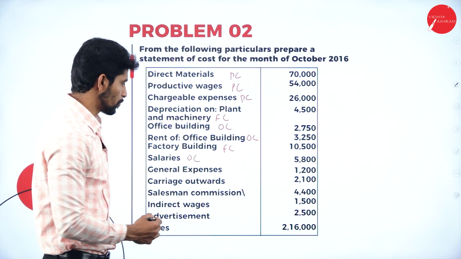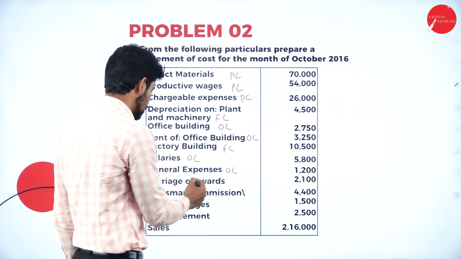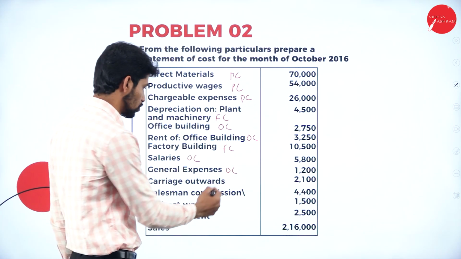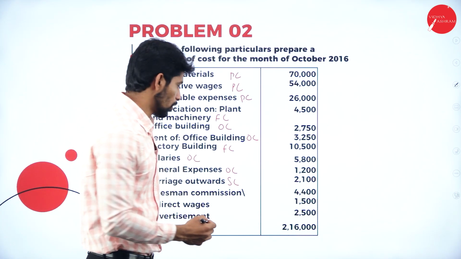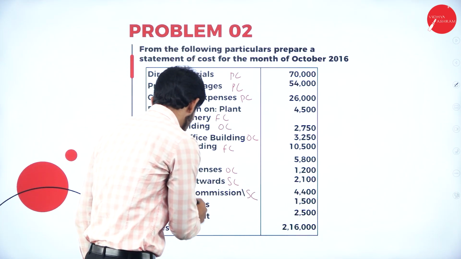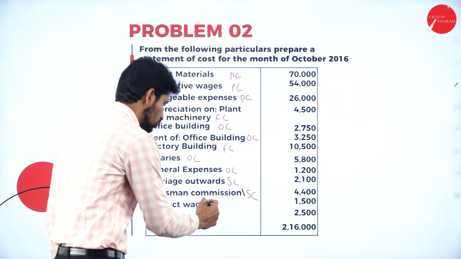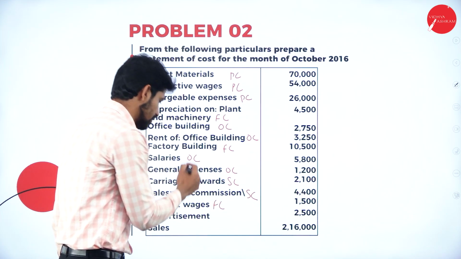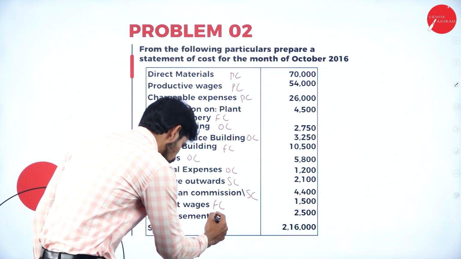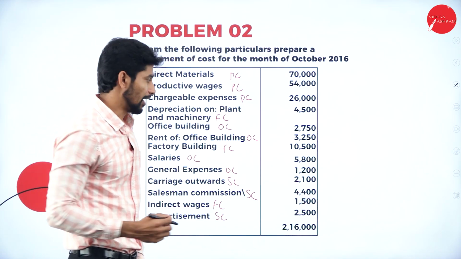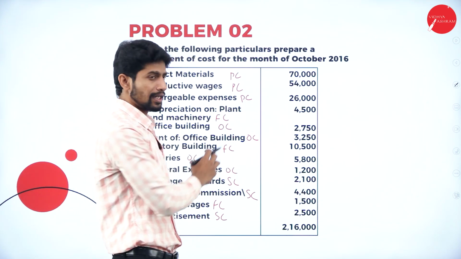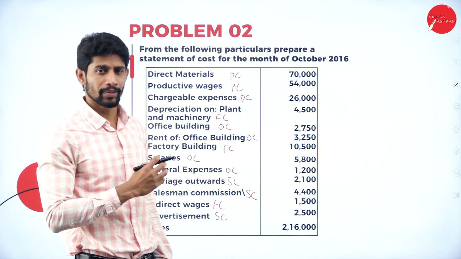General expenses belong to office cost. Carriage outward belongs to selling cost. Salesman commission belongs to selling cost. Indirect wages belong to factory cost. Advertisement belongs to selling cost, and sales we will consider at the last. So we segregated each and every cost element, where it belongs to.